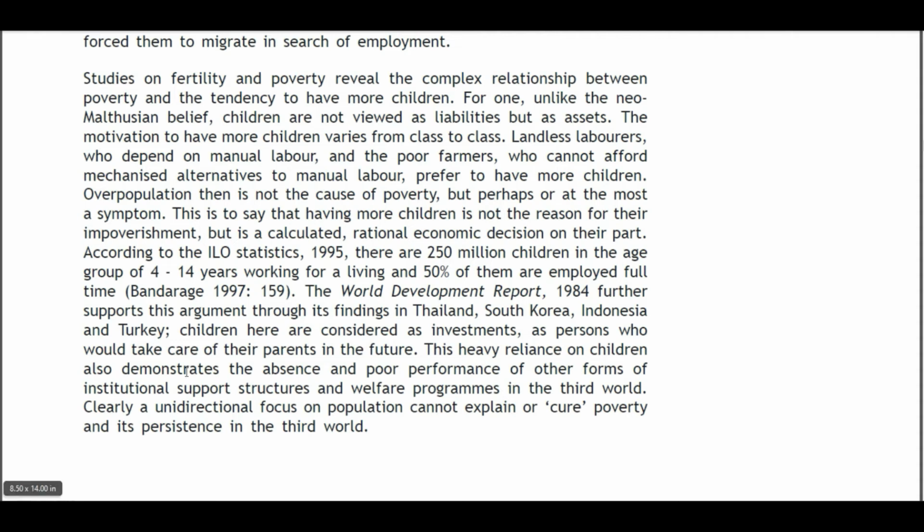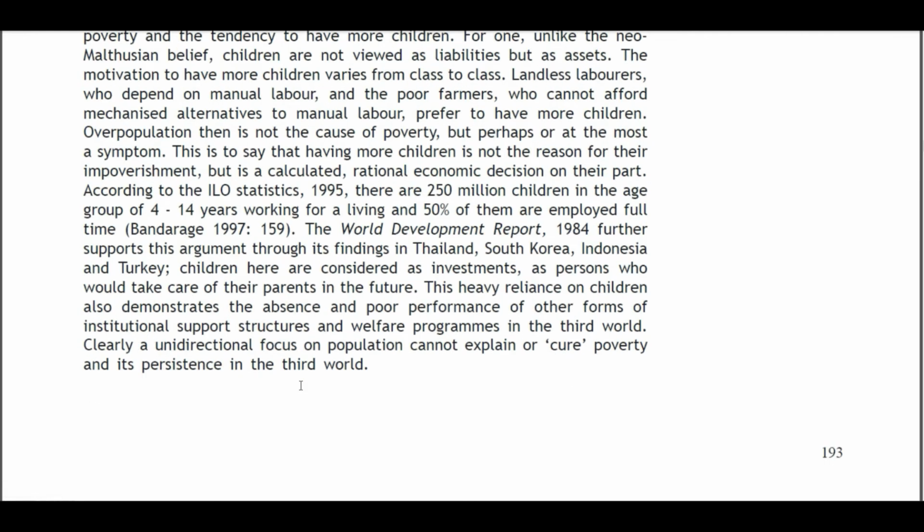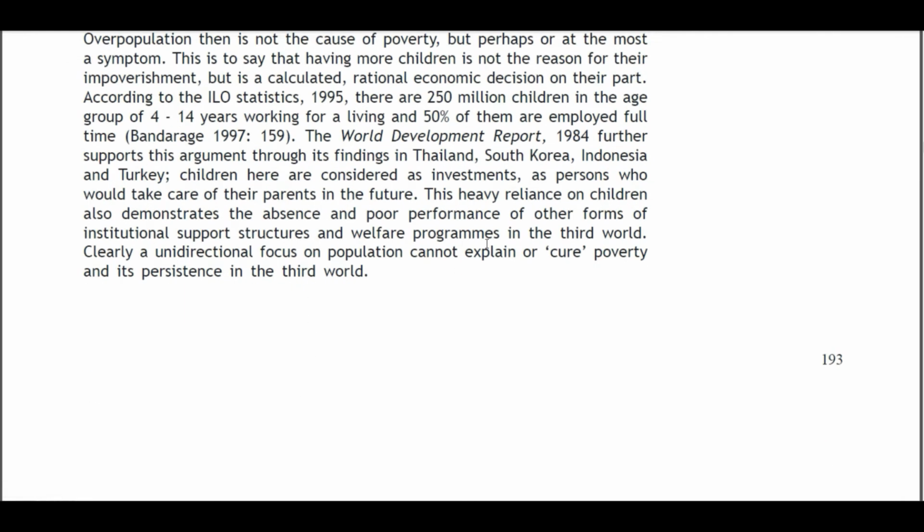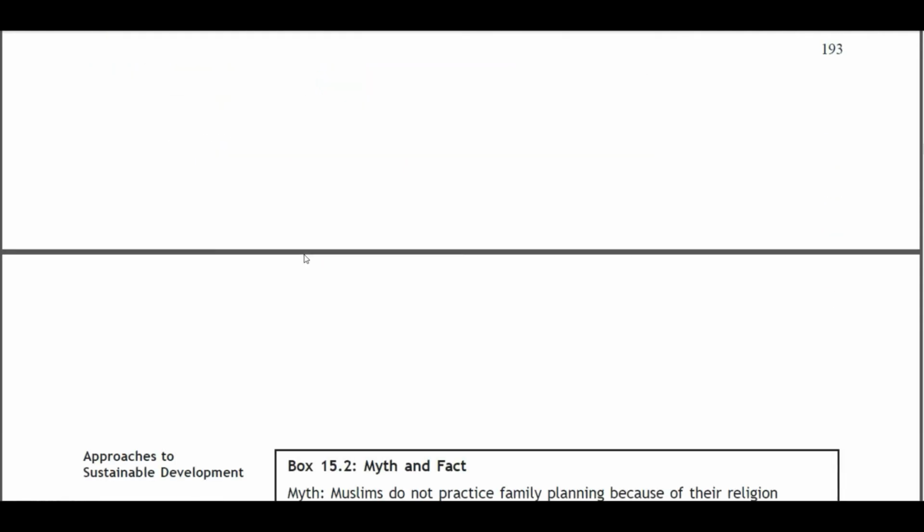This heavy reliance on children also demonstrates the absence or poor performance of other forms of institutional support structures and welfare programs in the third world. Clearly a unidirectional focus on population cannot explain or cure poverty and its persistence in the third world.